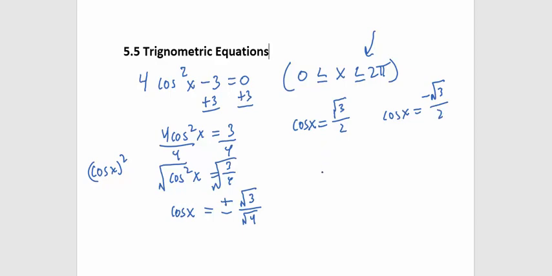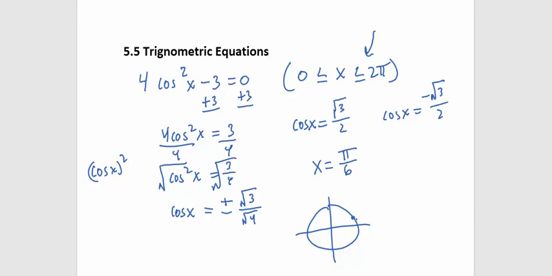Alright, so now we're going to think about when does the cosine of x equal the square root of 3 over 2? Well, that's right away on our unit circle. That's at pi over 6. If we're looking at our unit circle here, remember it's when an x coordinate is almost 1. You know, at 1 here, it's the square root of 4 over 2, so it's happening right there. There I have an x coordinate of the square root of 3 over 2.